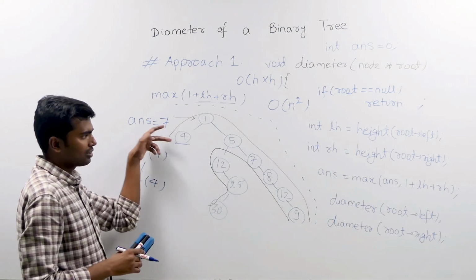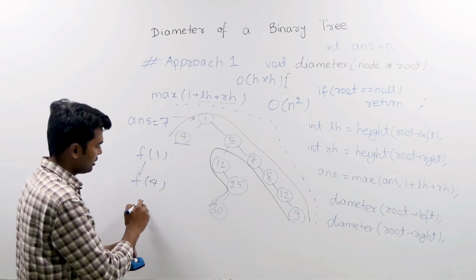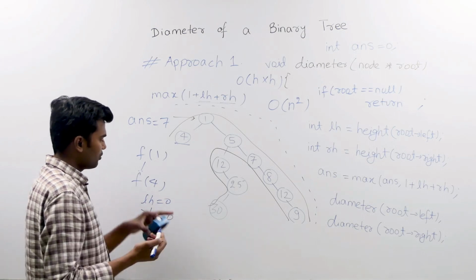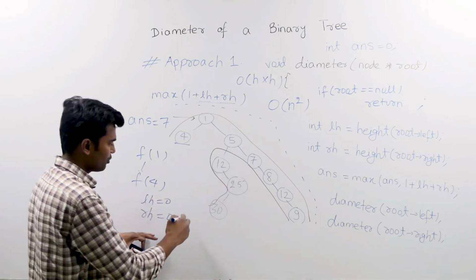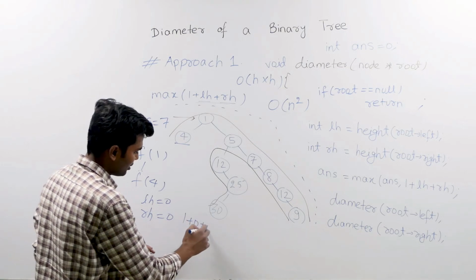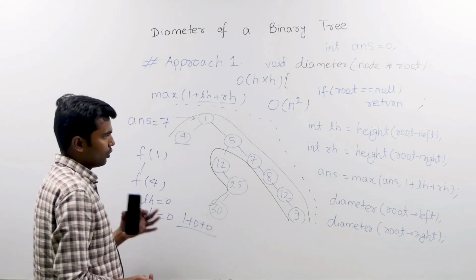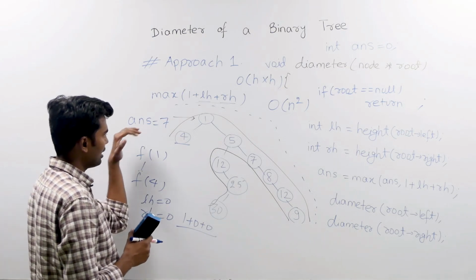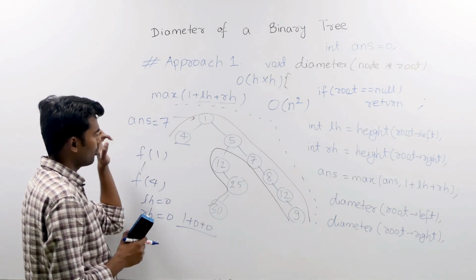Now the function will be called with the pointer at this node. For this node the left height is 0 and the right height is 0, so the value of that expression would be 1 plus 0 plus 0. It is less than the current value of answer, so the answer won't be updated.